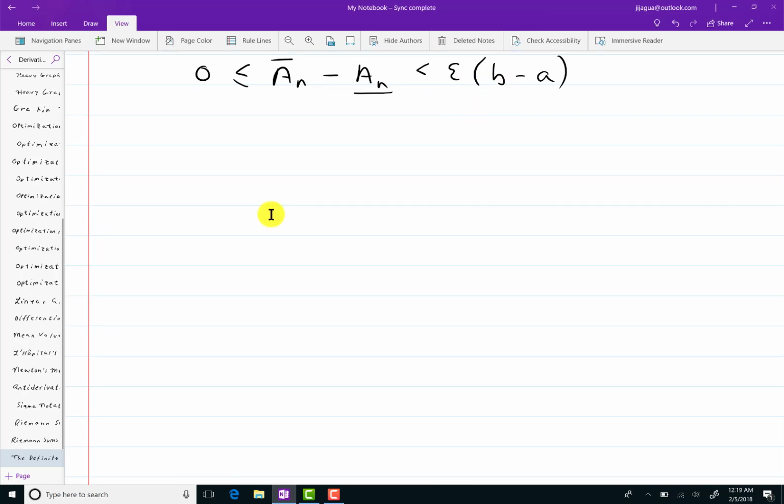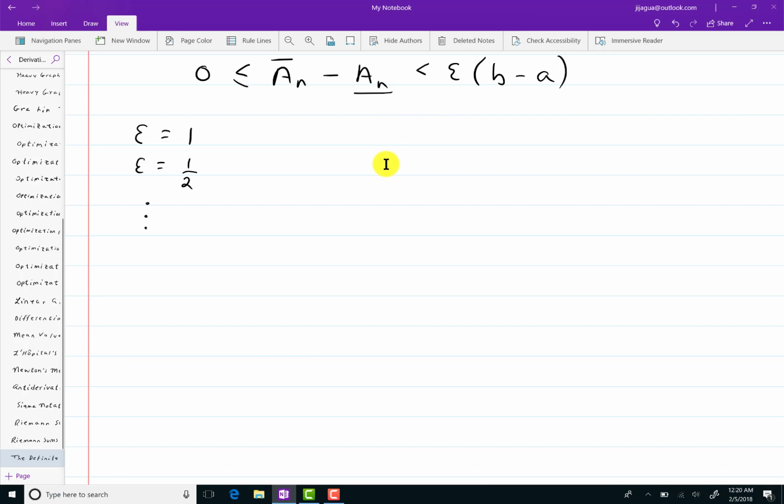I could have made epsilon equal 1, and then this quantity would be less than 1 times b minus a, or I could have said epsilon equals 1/2, and then this quantity would have been less than 1/2 times b minus a. Or I could have kept going.